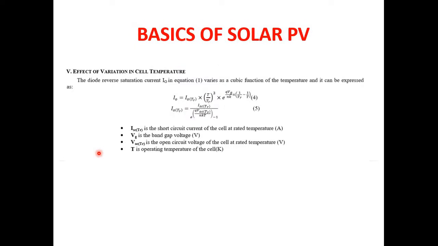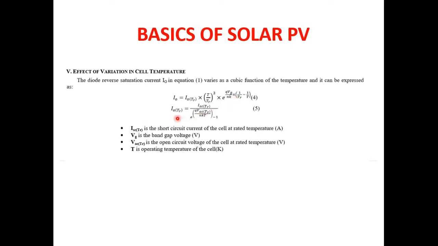Now, the effect of variation in cell temperature. The diode reverse saturation current I0 in equation 1 varies as a cubic function of the temperature, and it can be expressed as I0 is equal to I0 at TR into (T by TR) raised to 3 into e raised to qVG divided by nk in bracket (1 by TR minus 1 by T).